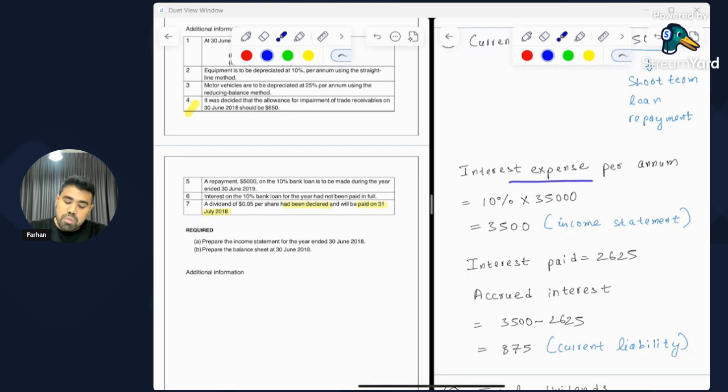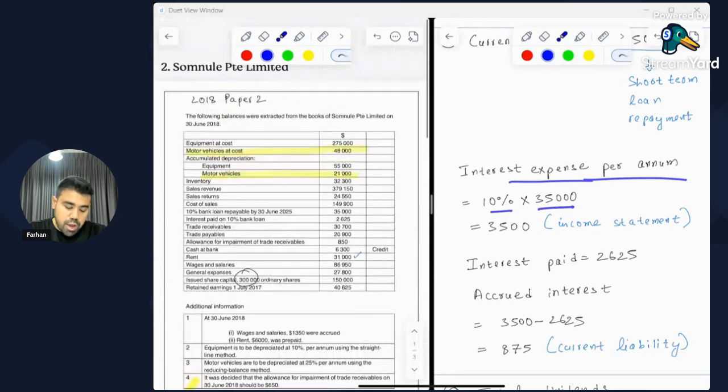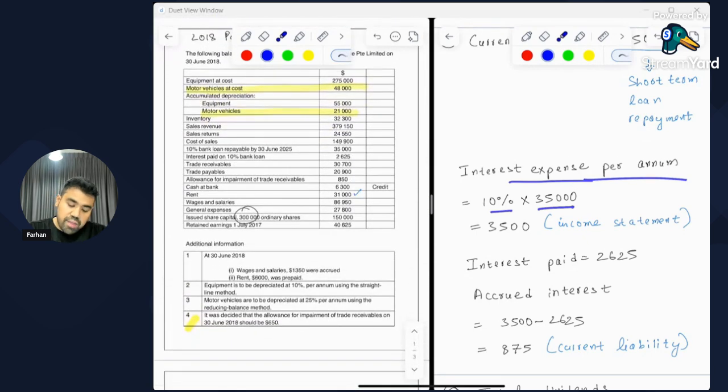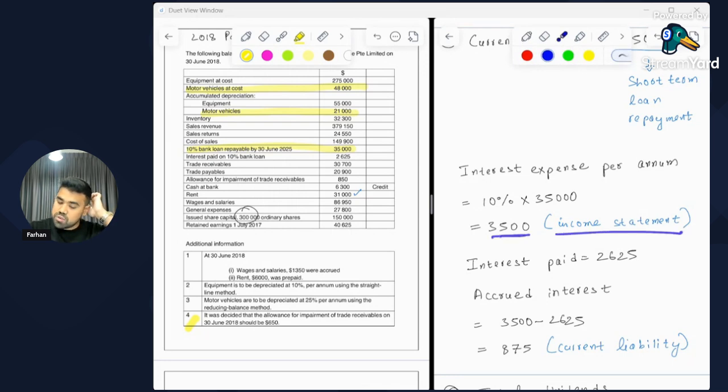The interest expense per annum is simply 10% multiplied by the original loan amount of $35,000, and the original loan amount is what we have taken from the balance sheet. So the interest expense on an annualized basis is $3,500 based on our calculations, and this is the total interest expense that we are to be reporting in the income statement.